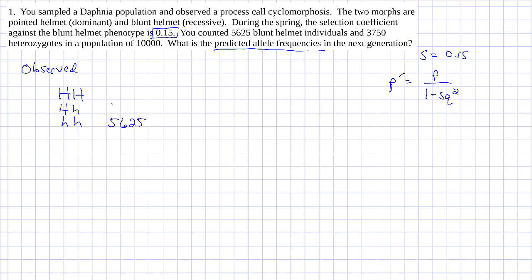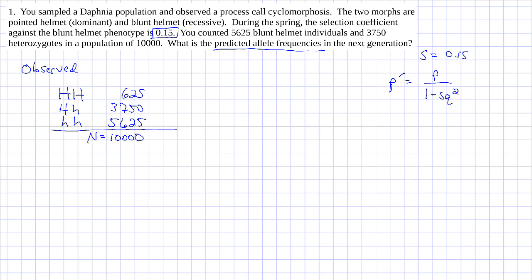We had 3,750 heterozygotes in a population size of 10,000 individuals. That means that we have a total of 625 homozygous dominant individuals. We don't need to calculate genotype frequencies at this point because we only want to calculate our predicted allele frequencies.